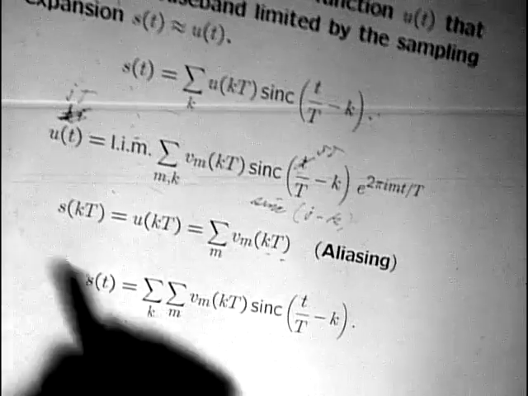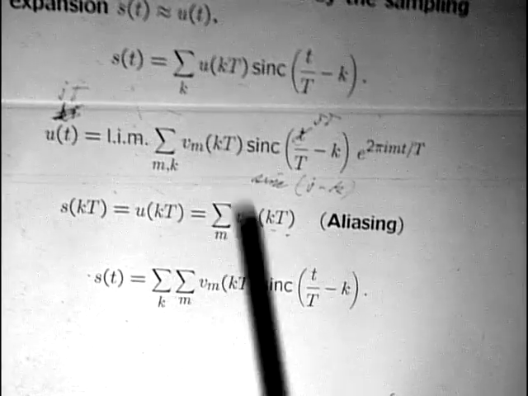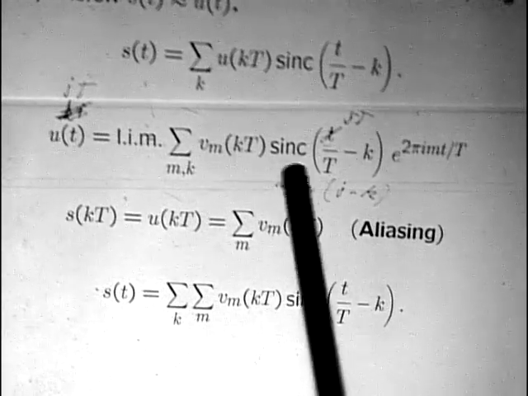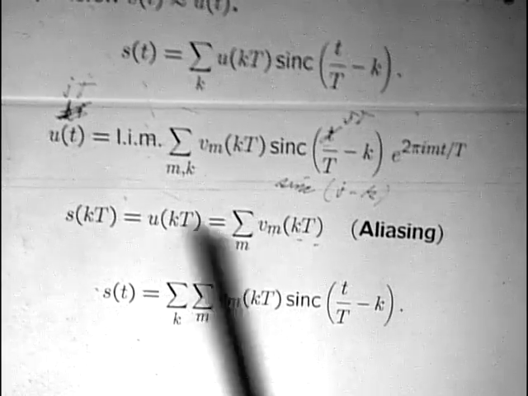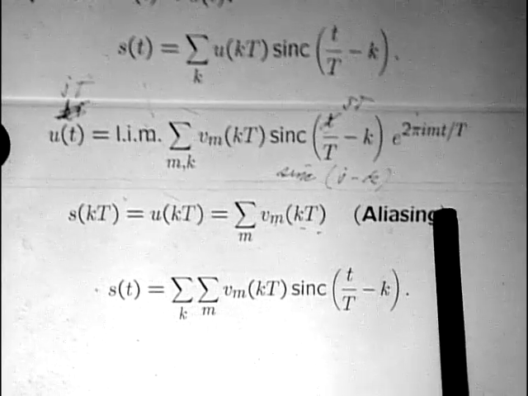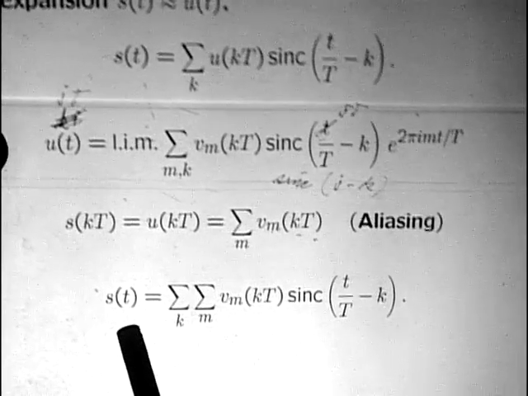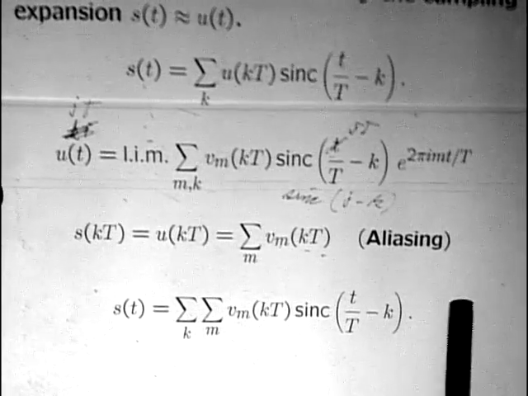So u of t is represented this way, a double sum of v_m of kT times sinc of t over T minus k, and this rotating term up here. And for s of t, what I've done effectively is to get rid of all these rotating terms.